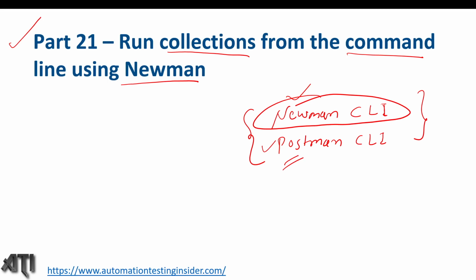What happens is, when we integrate our API projects using continuous integration in the build tool, it would be very easy to run our script using the command line, and the collections will be executed automatically. In a DevOps system, continuous integration is nothing but an automated process, so it will be easy to run the scripts from the command line. So let's get started to understand how we can run the collection using the Newman command line tool.